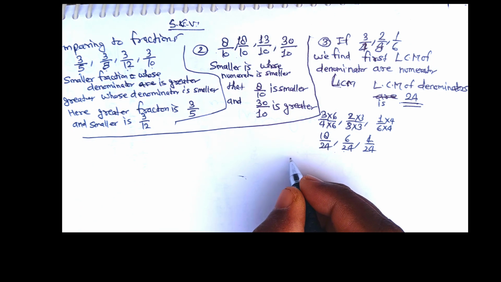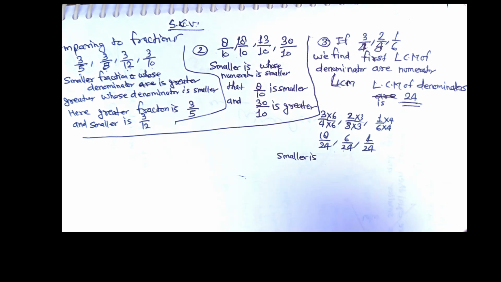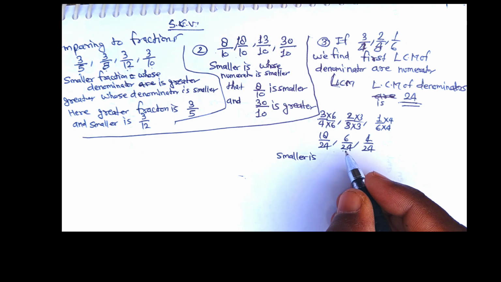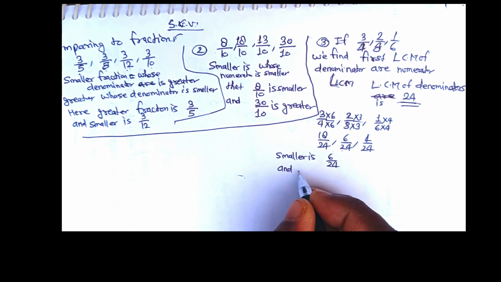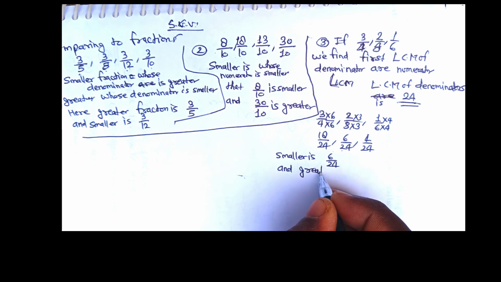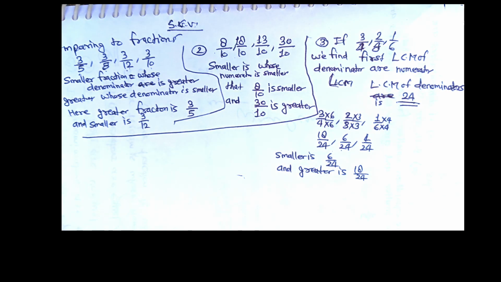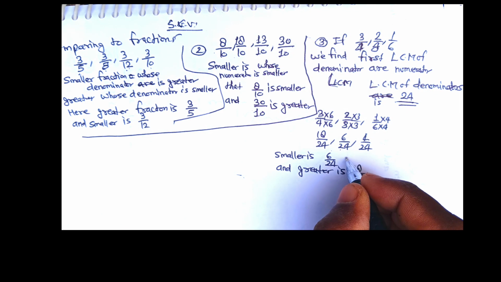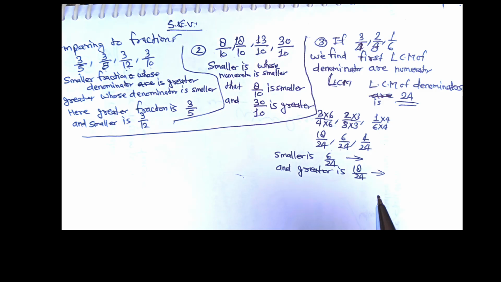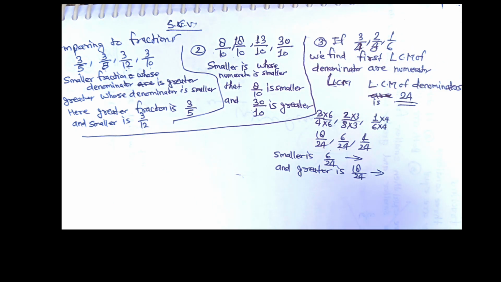We easily find that smaller is 6 upon 24 and greater is 18 upon 24. Okay, we change them to simplest form, because the questions are 3 upon 4, 2 upon 8 and 1 upon 6.